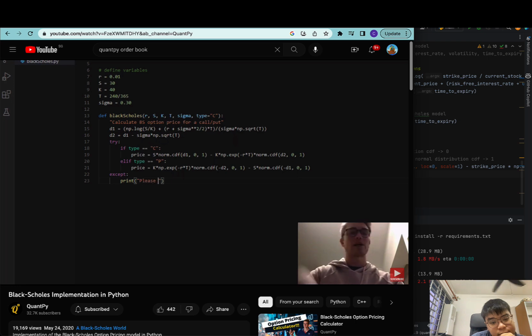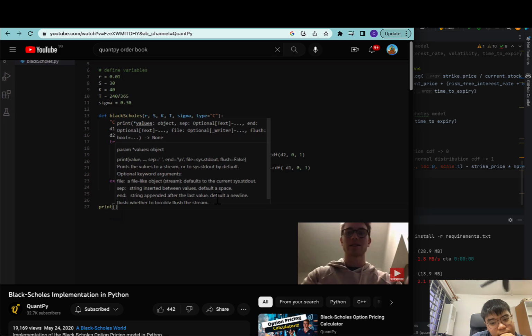Let's just say, please confirm all option parameters above, and three exclamation marks, because why not? And we can't forget to actually return something. Under the try, if we've calculated a call price or a put price, let's return the price of that option. Excellent. So let's test this out.